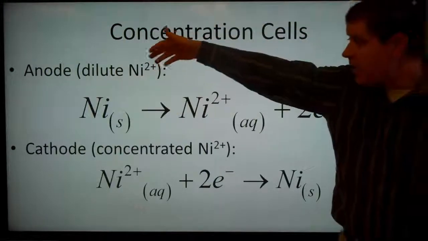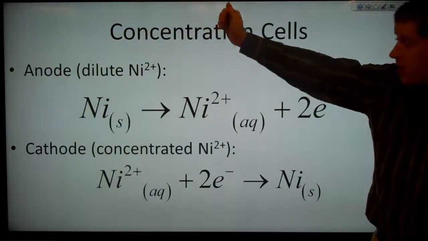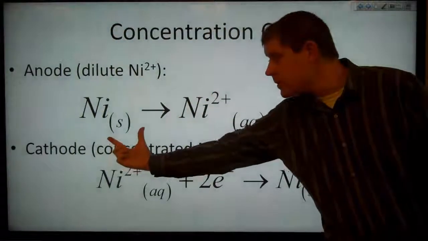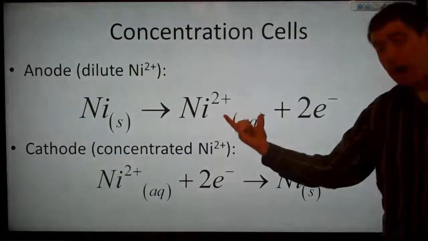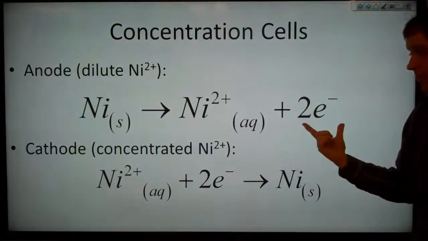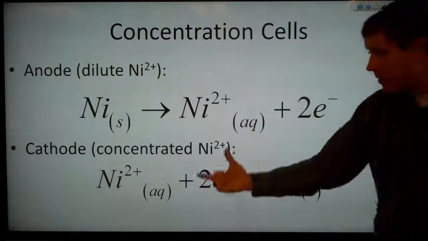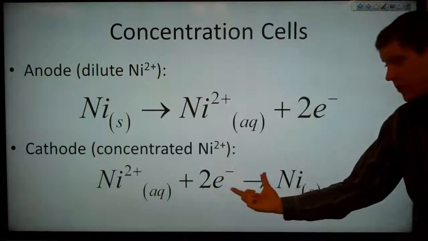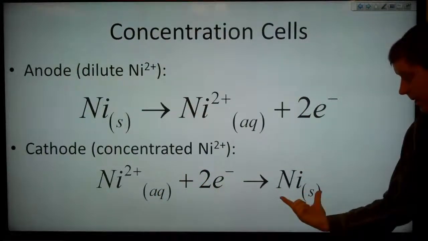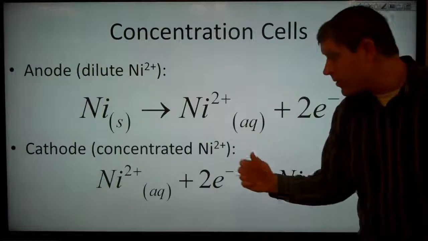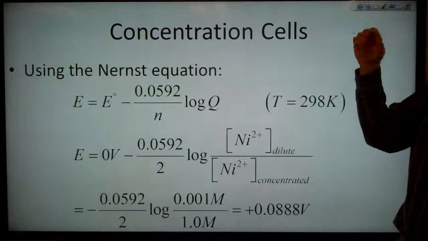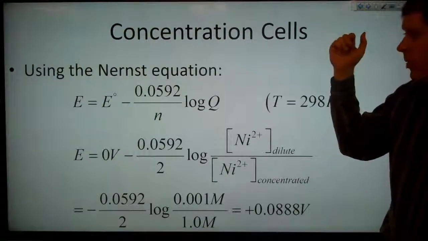So, at the anode, this is our dilute nickel. We have nickel solid going to nickel 2 plus ion and 2 electrons. The electrons then go to the cathode, where we have the nickel 2 plus gaining 2 electrons to become nickel solid. Again, the cathode is with our concentrated nickel, so the 1 molar, or initially 1 molar.